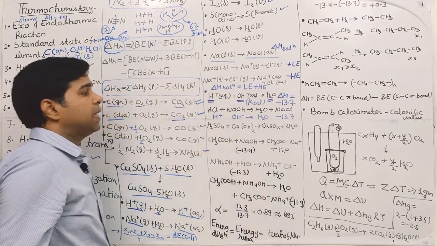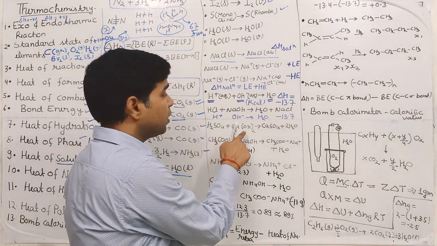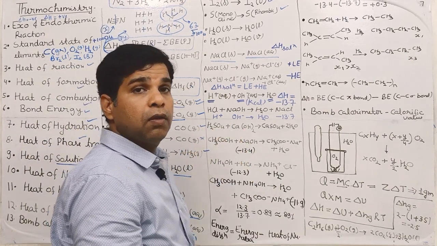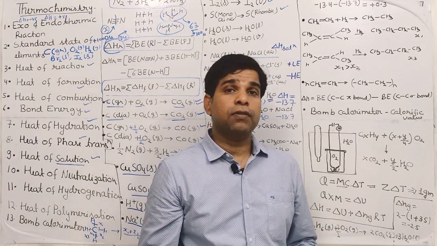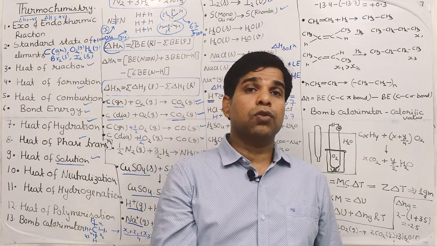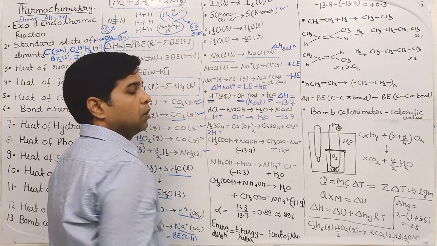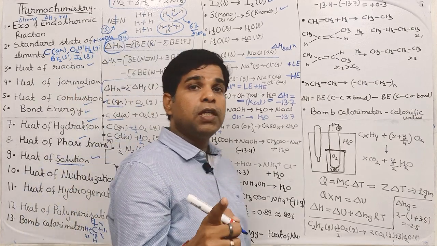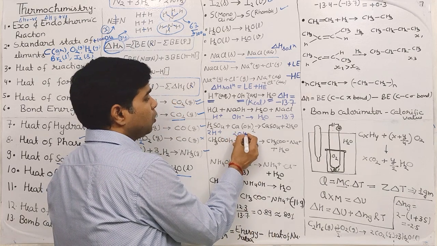Now check the next equation. In this one, H2SO4 reacts with calcium hydroxide, Ca(OH)2. H2SO4 is also a strong acid, Ca(OH)2 also a strong base. 1 mole of H2SO4 provides 2 H+ and 1 mole of Ca(OH)2 provides 2 moles of OH-.